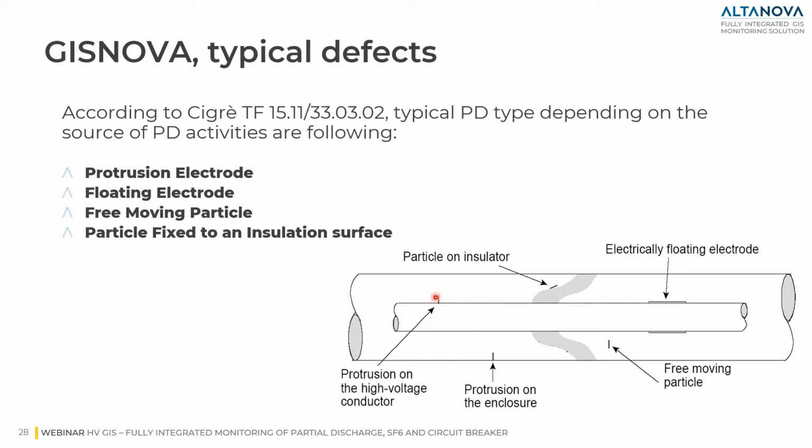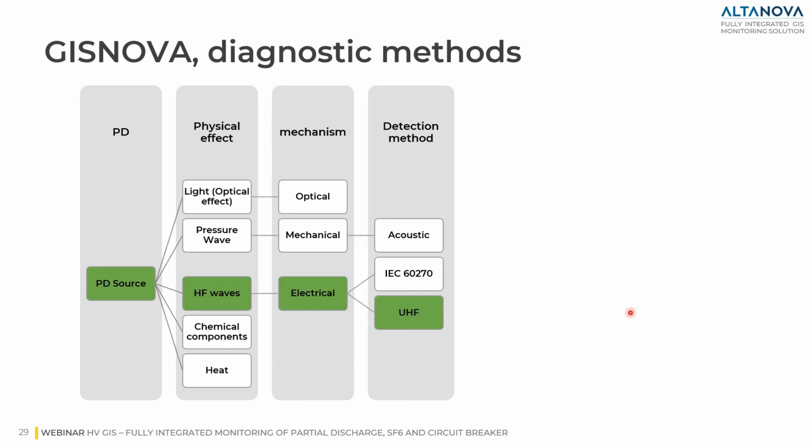We can have floating electrodes, as reported here on the right, or free moving particle, as reported in the SF6 in this case. And as I said, particle, for example, fixed on the insulation surface. Good.